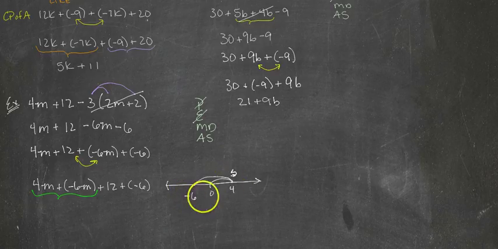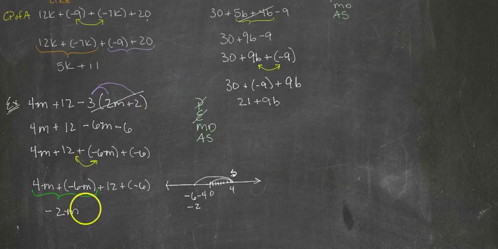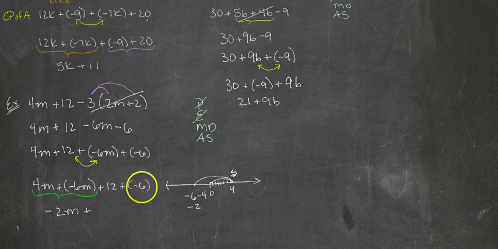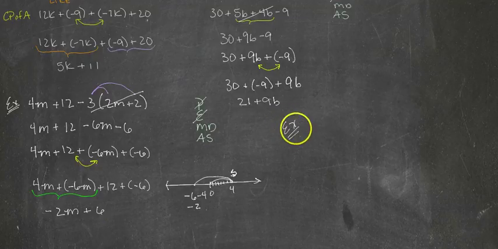I moved 6 units, but 4 of those were just getting me to 0. So negative 2m plus 2 plus 12 plus negative 6, same thing, 12 take away 6 is 6. And that one's finished. Okay, and I think one last example would do us good.